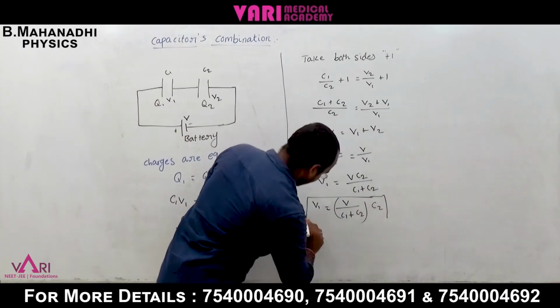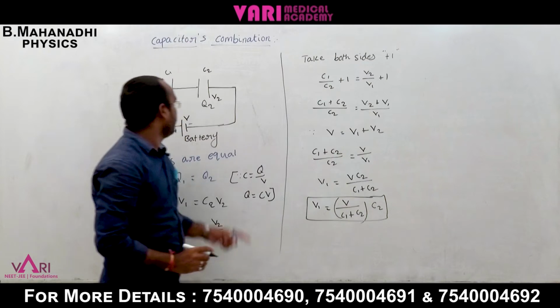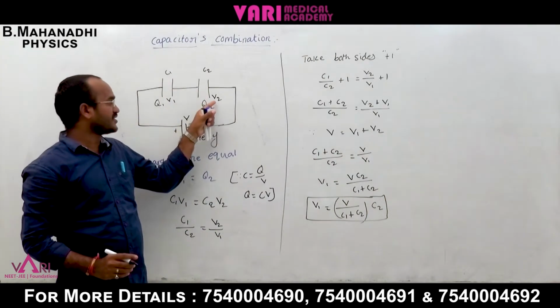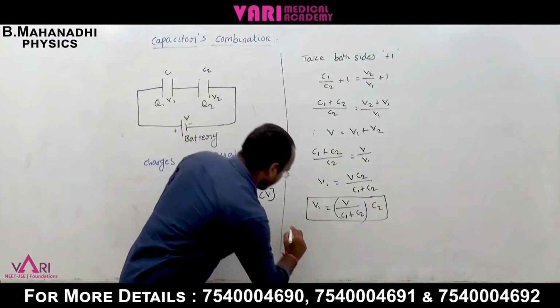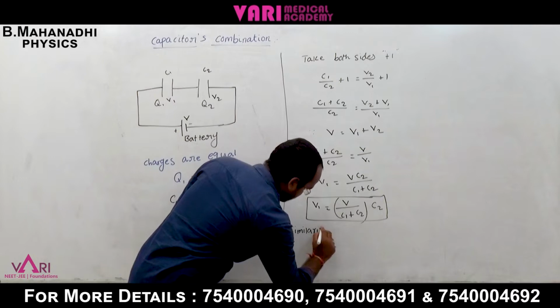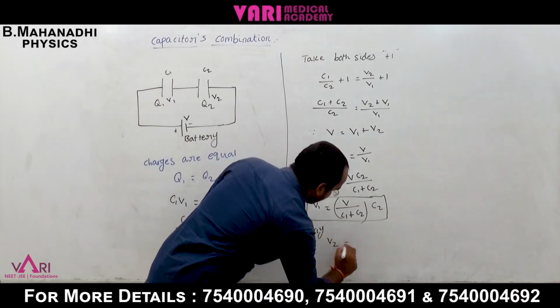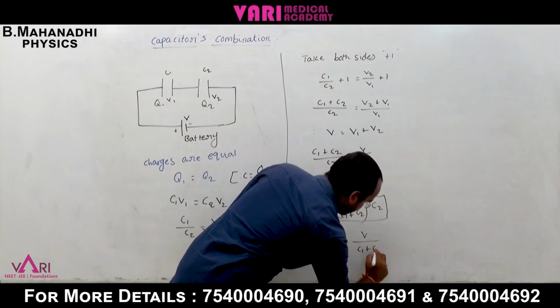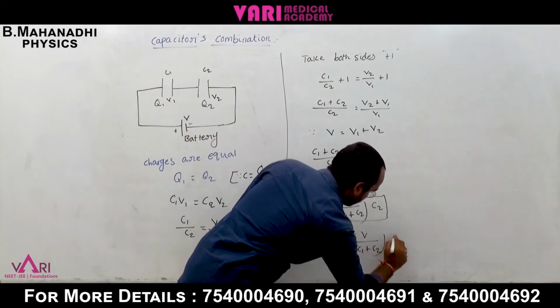This is the potential of the first capacitor, and the potential of the second capacitor V2, similarly, is V by C1 plus C2 into C1.